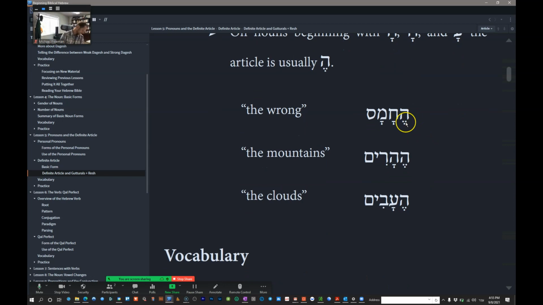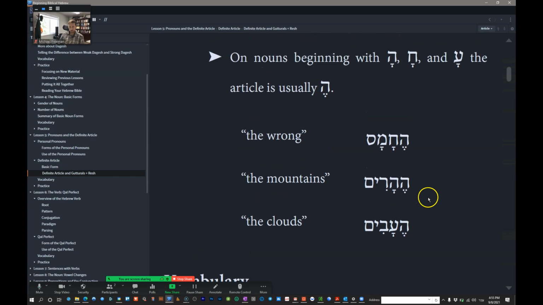If you have hey segol, probably the definite article. If it's hey segol chet kametz, hey segol hey kametz, or hey segol ayin kametz, it's almost certainly the definite article.